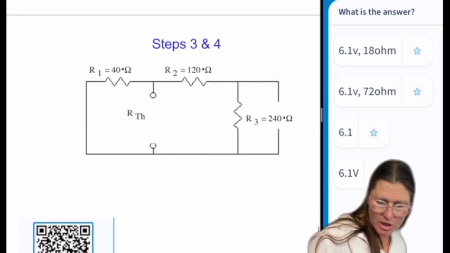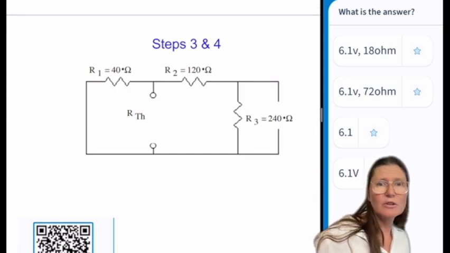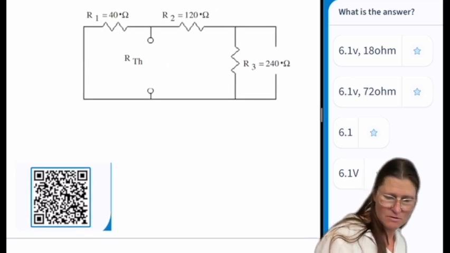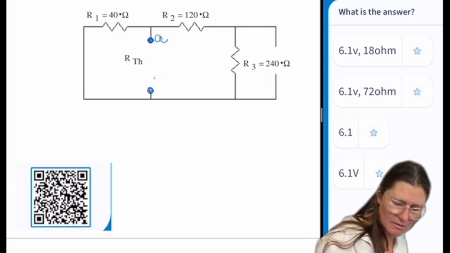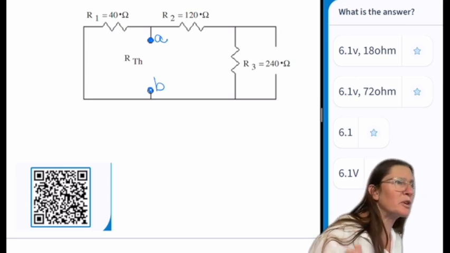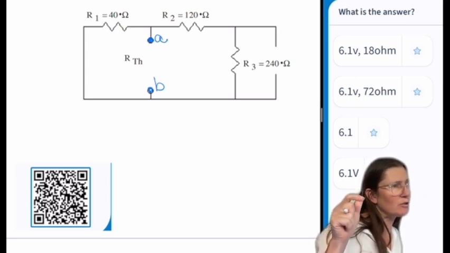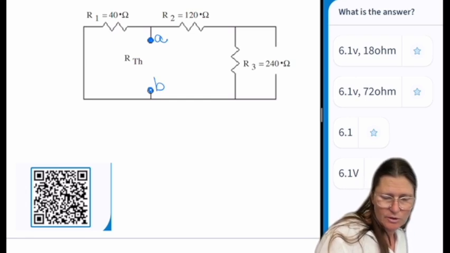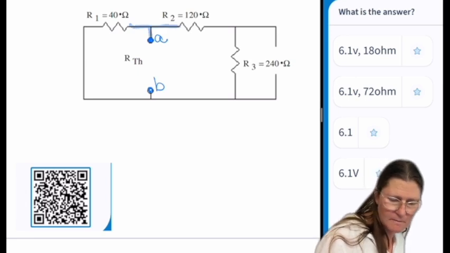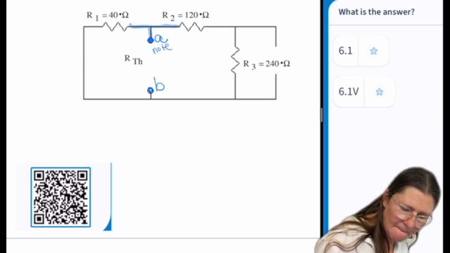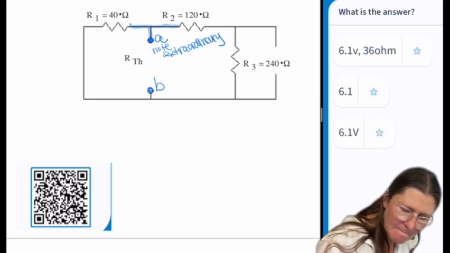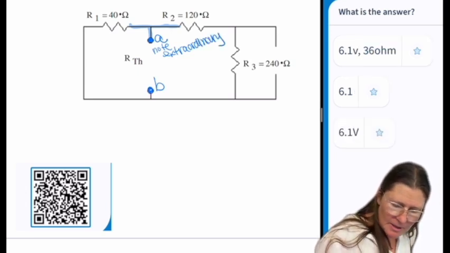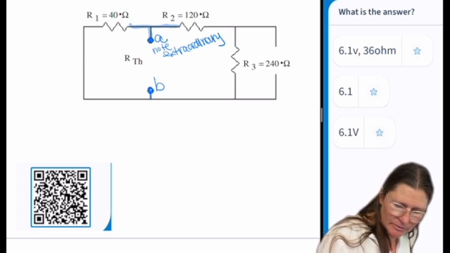All right, for RTH, you're going to find the pathway between A and B. And remember, wherever you've put the A and B locations, they become extraordinary nodes. So this location is an extraordinary node here at A, and B is also an extraordinary node.